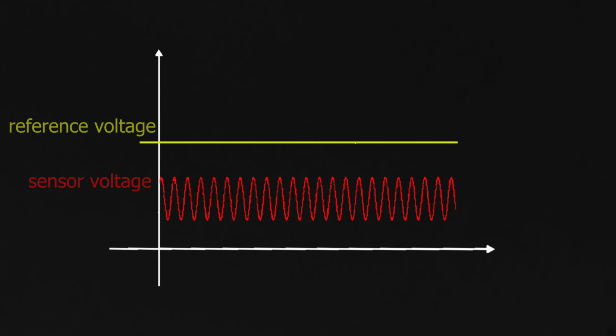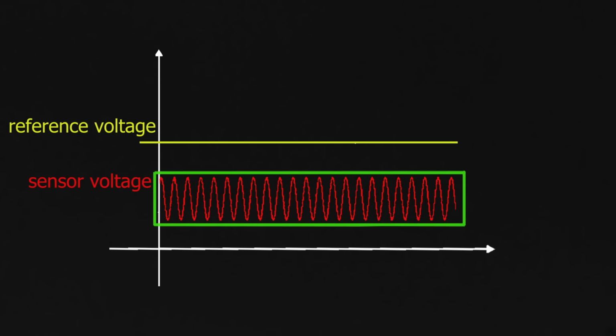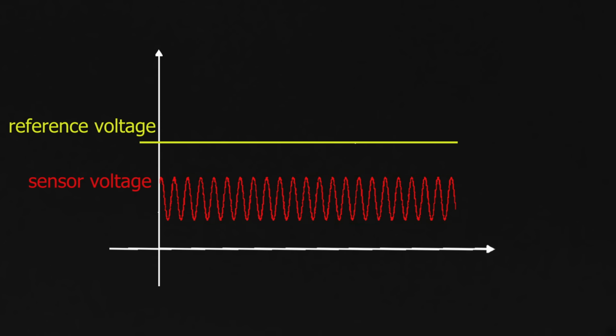Sometimes, because of some noise in the environment or some physical movements caused by the wind or something, the sensor voltage fluctuates a bit. When the sensor voltage is far enough from the reference voltage, there will be no problem, because the entire voltage and its added noise will be separate from the reference voltage, no matter if it's higher or lower than that.